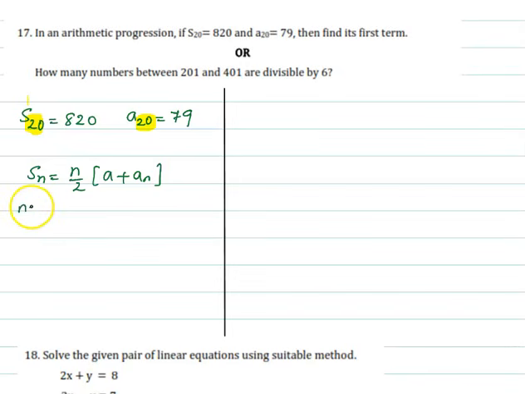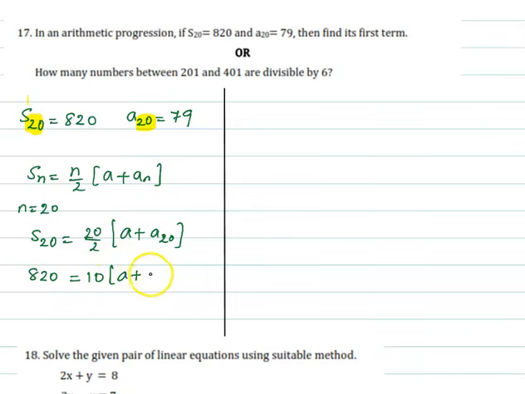If n is equal to 20, S20 is equal to 20 by 2 into A plus A20. Substituting the values, 820 is equal to 10 into A plus A20, and A20 is 79. I can cancel 10 ones and a 0 will get cancelled here, so I get 82 is equal to A plus 79.